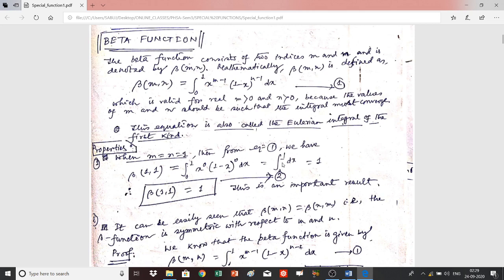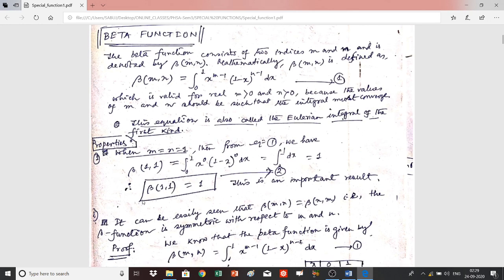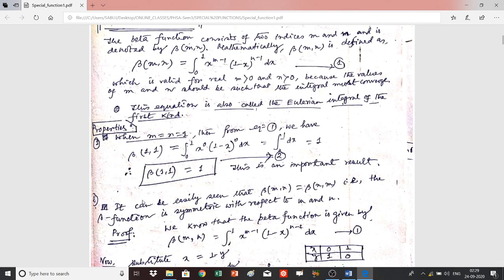That means the integral from 0 to 1 of dx, which is equal to 1. So beta 1 1 is equal to 1, and this is a very important result that will be used to calculate different integrals.